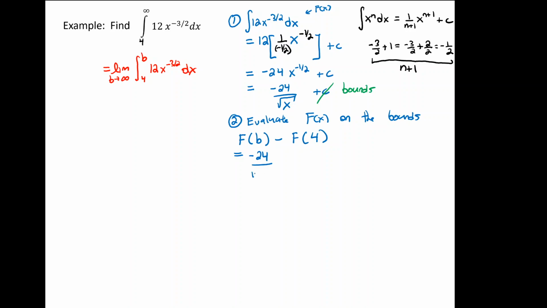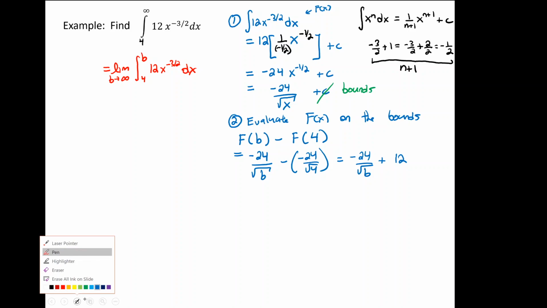So negative 24 over the square root of b minus negative 24 over the square root of 4, so negative 24 over root b plus 12. Root 4 is 2, minus times minus is positive, so lots of stuff cancels out.